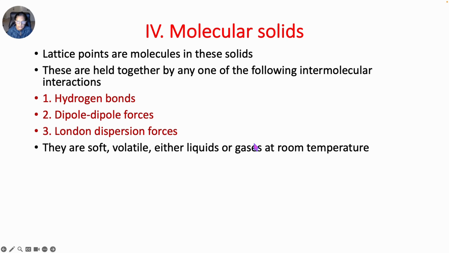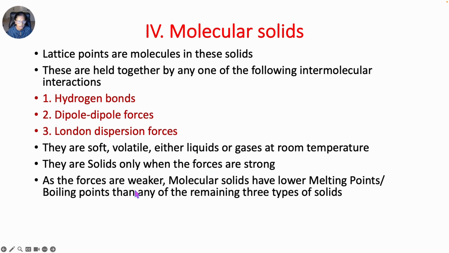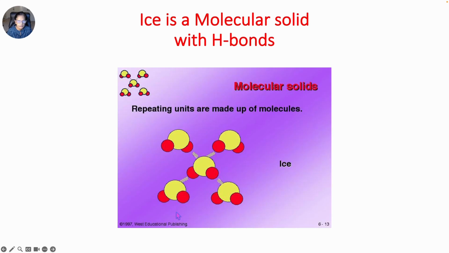They are either liquids or gases at room temperature because of these very weak forces. They are solids only when the forces are strong. Hence, molecular solids have lower melting points or boiling points than any of the above mentioned 3 types of solids which we discussed. They are all electrical insulators because there are no free flowing electrons.